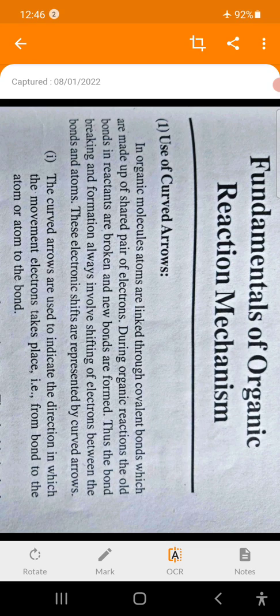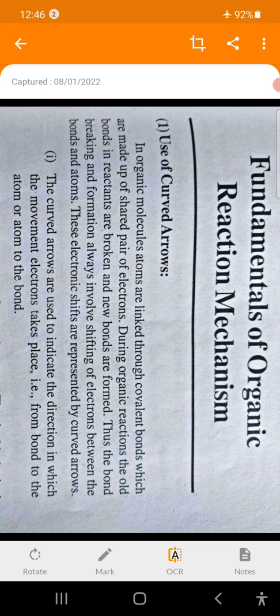Bond is nothing but a shared electron pair. That means one bond, which we represent by a dash between two atoms, is nothing but two electrons, and those two electrons come from mutual sharing between the two atoms.